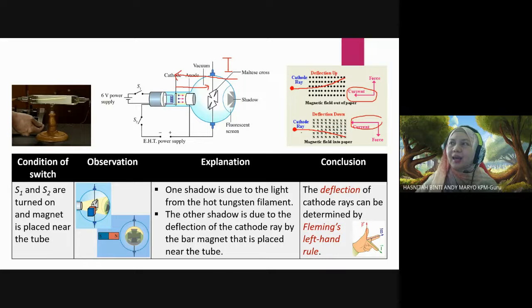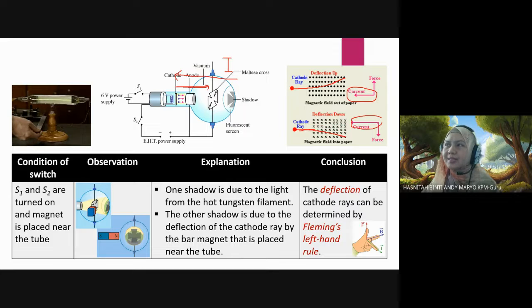And in the second condition, again, this is how our cathode ray moves to the front, shown by the red line. And this is our current, always in the opposite direction to the movement of the cathode ray. And here the X mark shows that the magnetic field is into the paper, which means we bring south closer to the deflection tube.